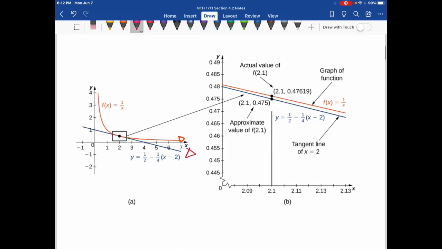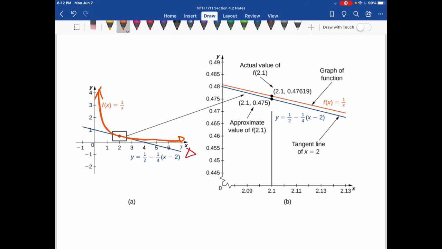Now, if I wanted to use the tangent line to make an approximation, I can do that as long as the x value that we're trying to approximate the value of the function of is close to that value that we use to find the tangent line on that curve. So if we look at the first picture here on the left, which is picture A, notice that we have the function 1 over x, that's in orange.